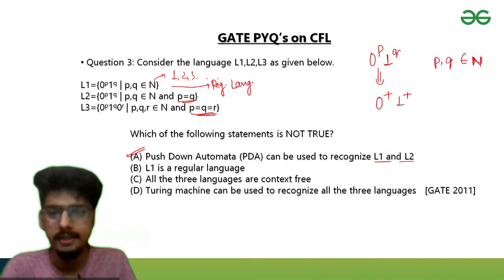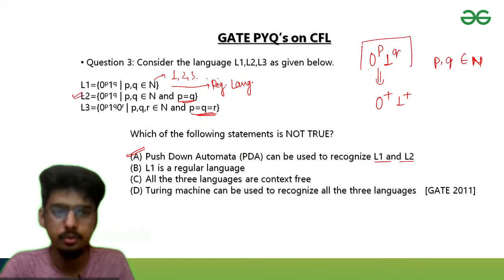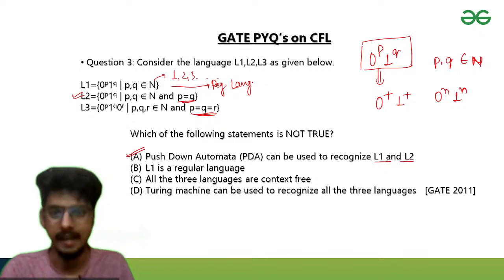And over here in L2, it is given that 0 to the power p, 1 to the power q, such that p is equal to q. So basically it is of the form 0 to the power n, 1 to the power n. So this is a context free language.